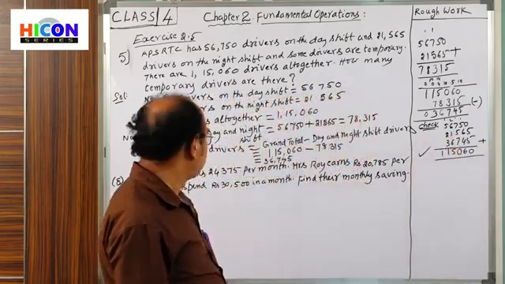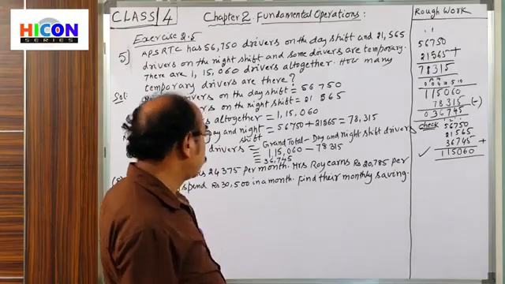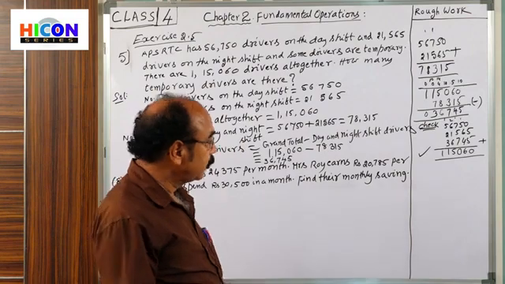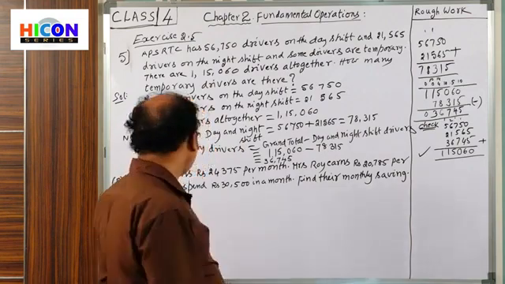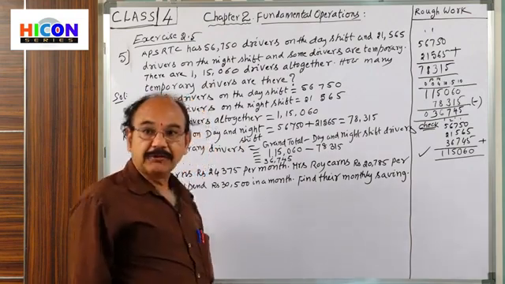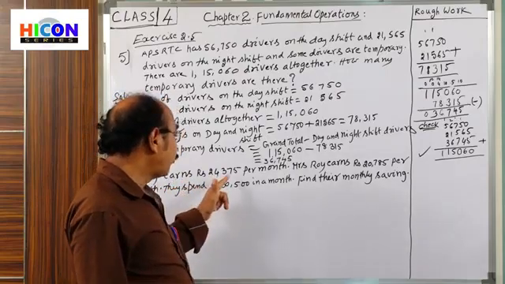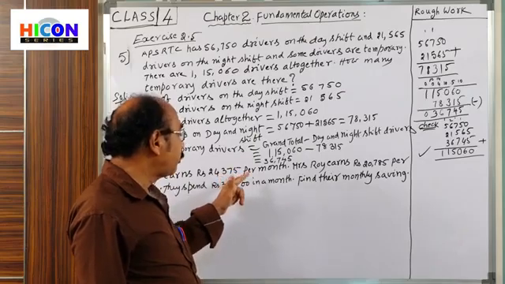Okay, students. Now, come to the 8th question. In the 8th question, what is there here? Mr. Roy earns 24,375 per month.